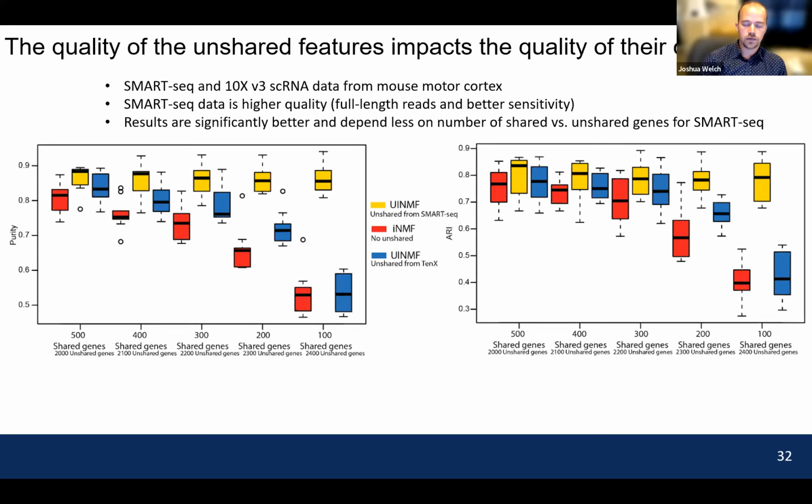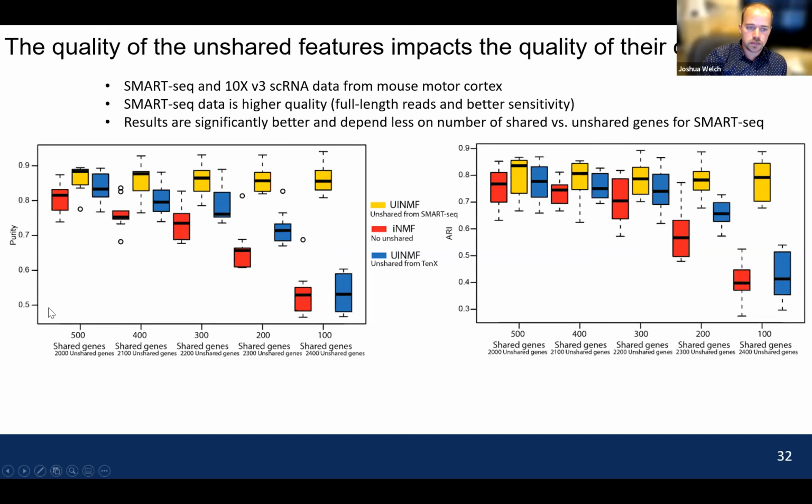If we had an expectation going into this analysis, it was that the SMART-seq data would contribute more in terms of unshared features because there are more reads per cell, there's a better transcript detection sensitivity, and it's a full-length protocol as opposed to just 3' capture. And basically our analysis confirmed that that is the case, and that if we have unshared features from SMART-seq data, it significantly improves the result, more so than if we include unshared features from 10x data.